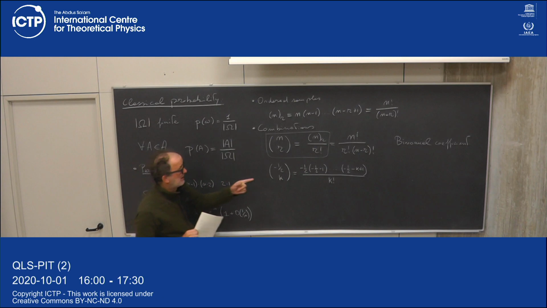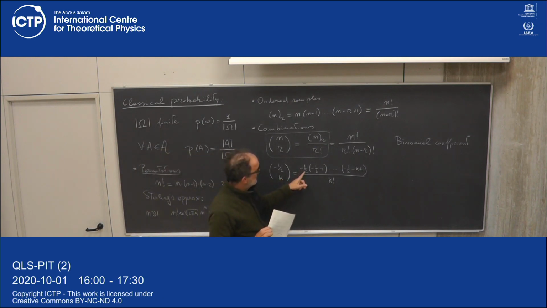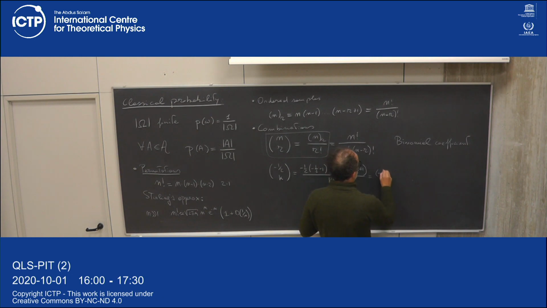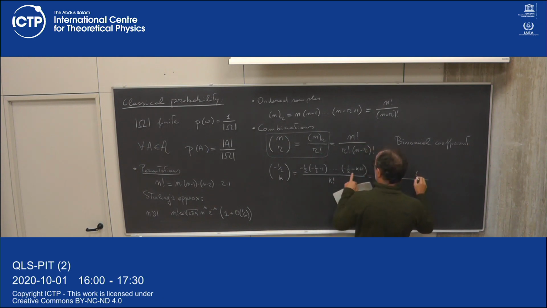And interestingly, what you see is that I can manipulate this expression a little bit. I can take out a factor minus 1 to the k divided by 2 to the k, and then what I will have in the numerator will be the product of 1 times 3 times, etc., up to 2k minus 1, divided by k factorial.